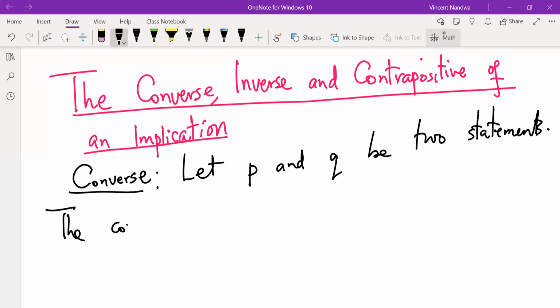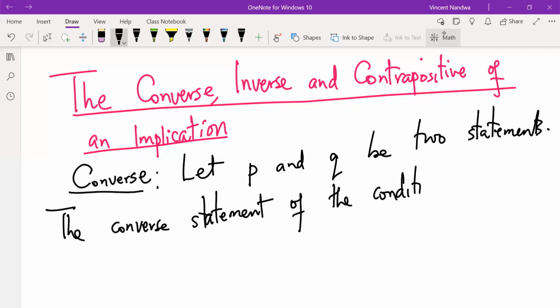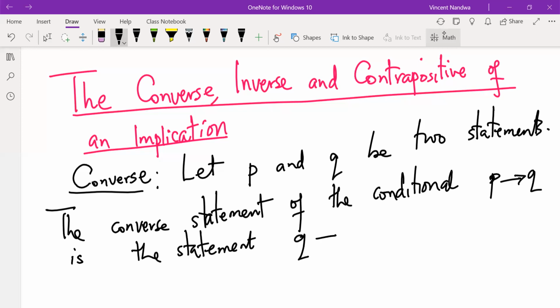The converse statement of the conditional or the implication P implies Q is the statement Q implies P. It's simply changing: the premise becomes the conclusion and vice versa.